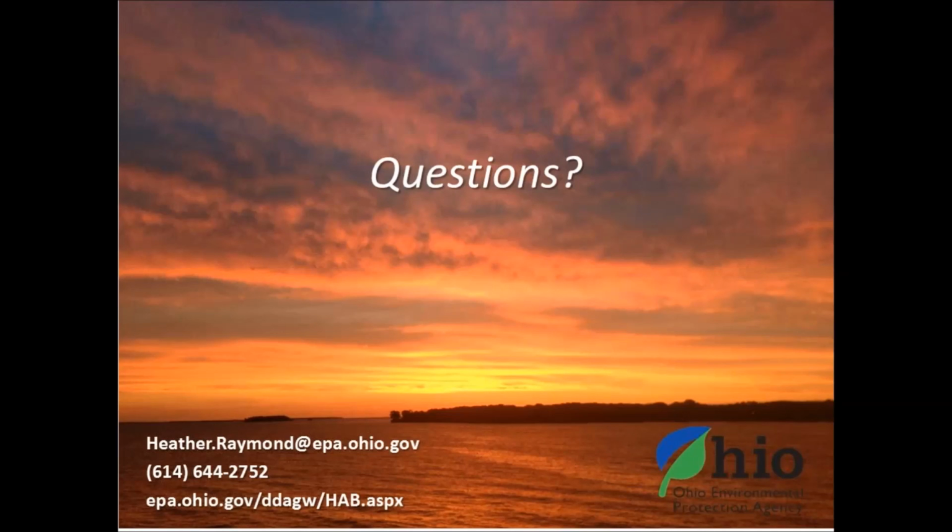Okay, Heather, I'm going to ask you a question specifically related to Ohio. Someone wants to know if Ohio is implementing nutrient source water protection to help prevent HABs. Sure. Several years ago, we started listing impairments due to algae, looking at the nutrient impacts from that.